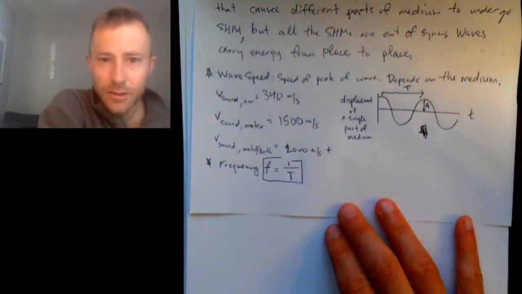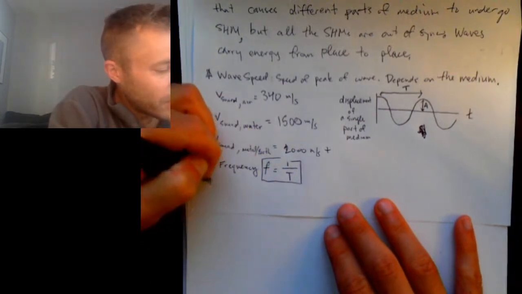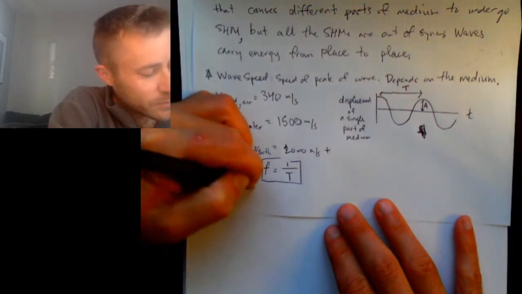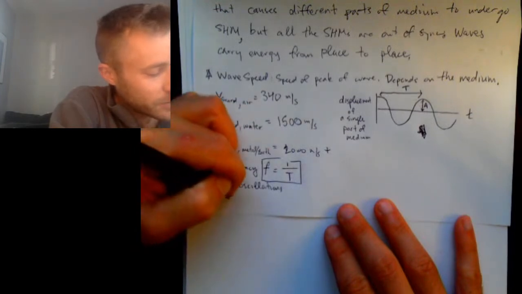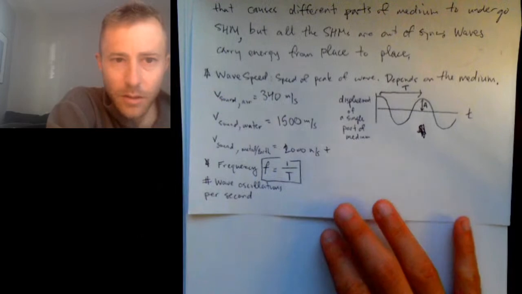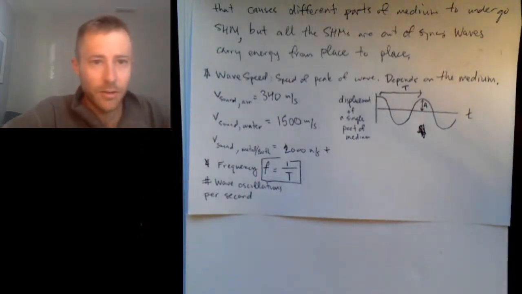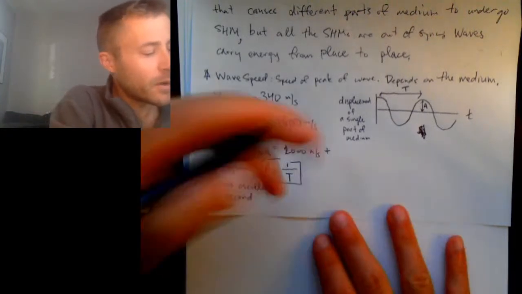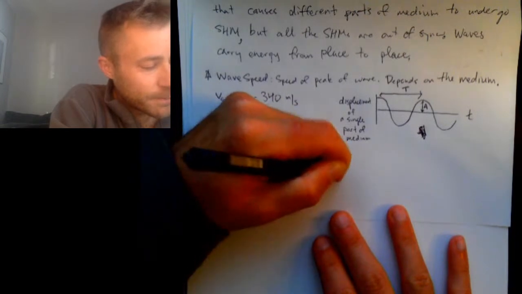What that is, is the number of wave oscillations per second. How many times does the wave cause you to go up and down per second? That's the frequency. The units of frequency are called hertz.